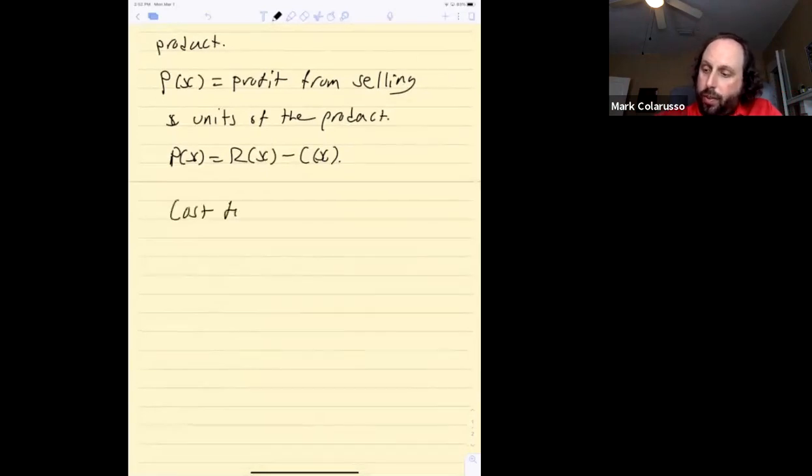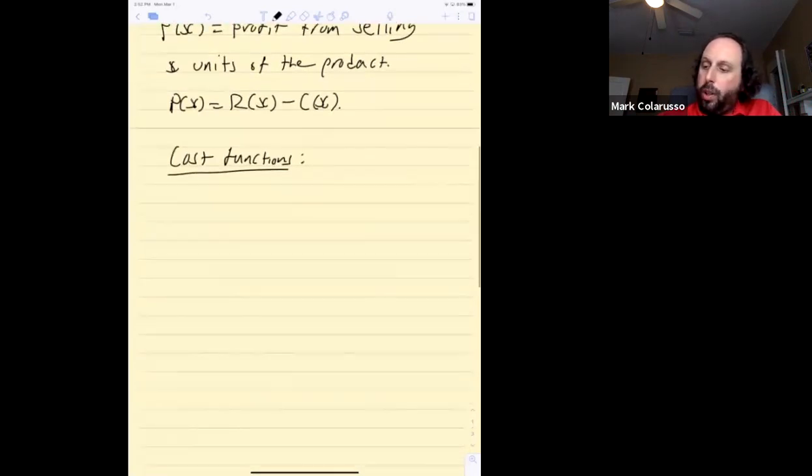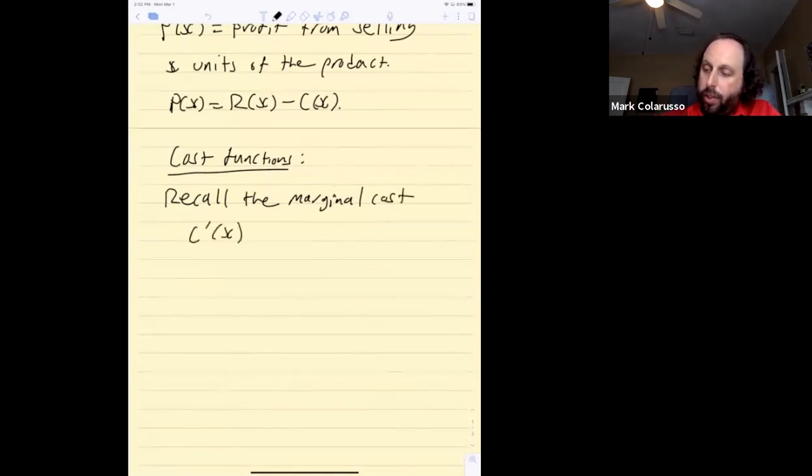Okay, so cost functions we've talked a little bit about before. And recall the marginal cost is the derivative of the cost function.